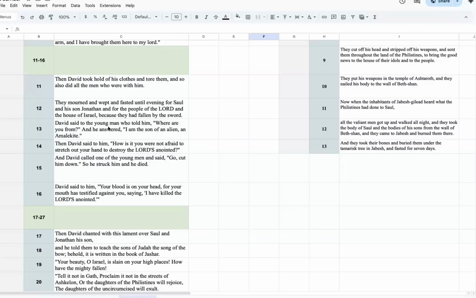And he answered, "I am the son of an alien, an Amalekite." David said to him, "How is it you were not afraid to stretch out your hand to destroy the Lord's anointed?" And David called one of the young men and said, "Go cut him down." So he struck him, and he died. And David said to him, "Your blood is on your head, for your mouth has testified against you, saying, I have killed the Lord's anointed."